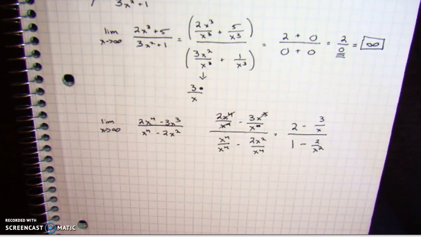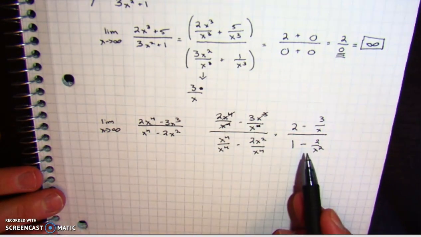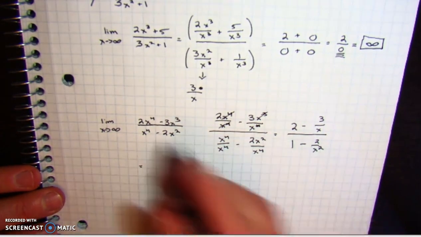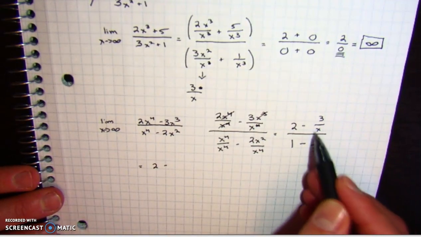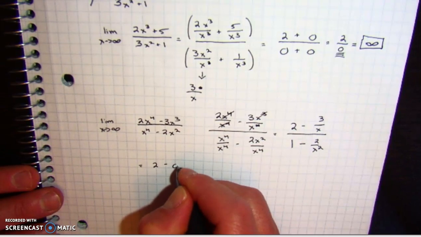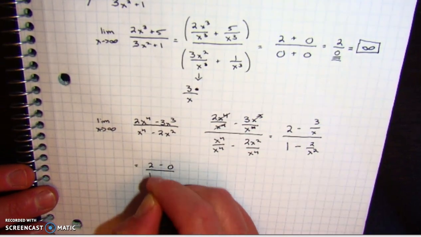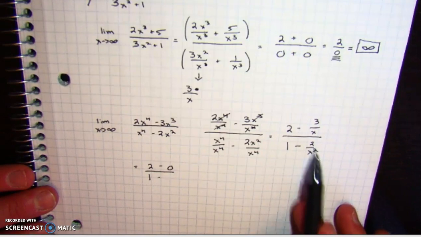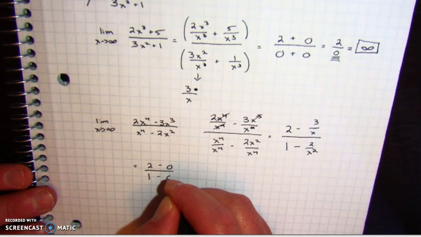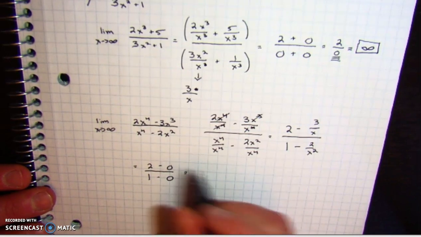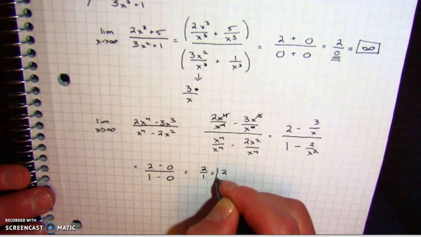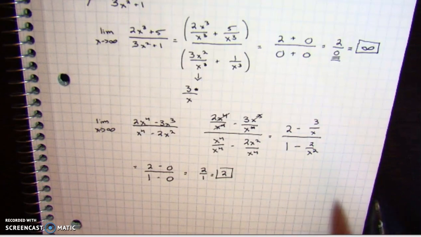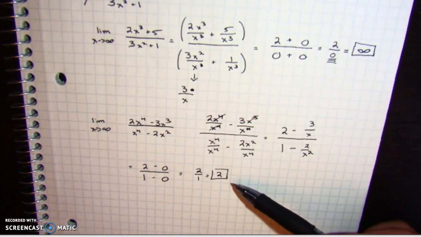I'm taking the limit as this approaches infinity, so 2 just stays the same. 3 over some really huge number is going to equal 0. We've got 1 on the bottom minus 2 over some really huge number squared, which approaches 0 also. So this leaves me with 2 over 1. The limit here, as x gets really, really big, is going to approach 2.